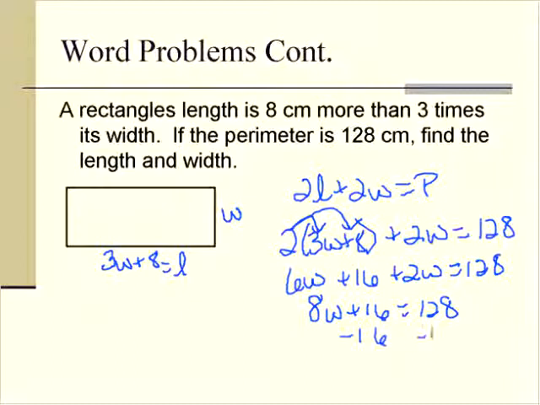Then I'm going to subtract 16 from both sides. So 128 minus 16 gives me 112. Yep, 112.